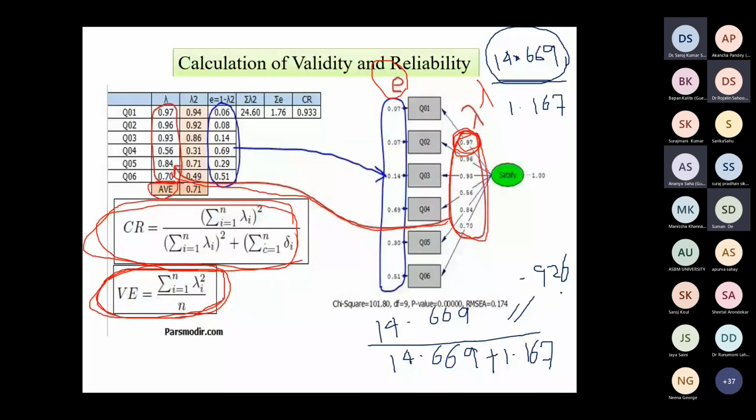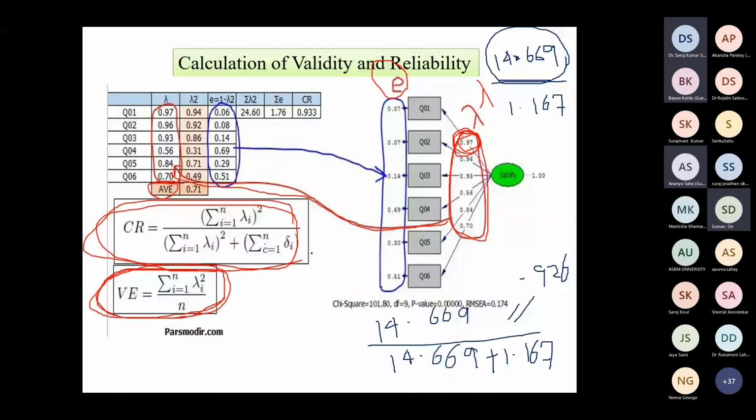Look at the formula. Composite reliability is the summation of lambda square divided by the summation of lambda square plus the summation of error. Very simple.